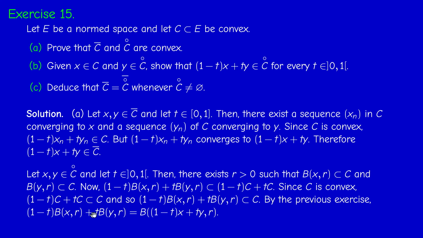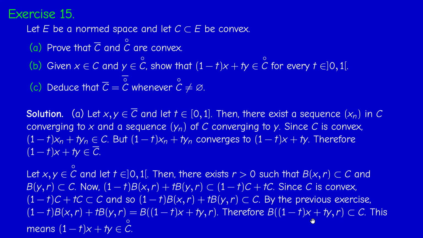So (1 minus t)r plus tr is just r. Okay, so I got that the ball of center this convex combination and radius r is contained in C. So this precisely means that this center is in C, is in the interior. Okay, and that's it.